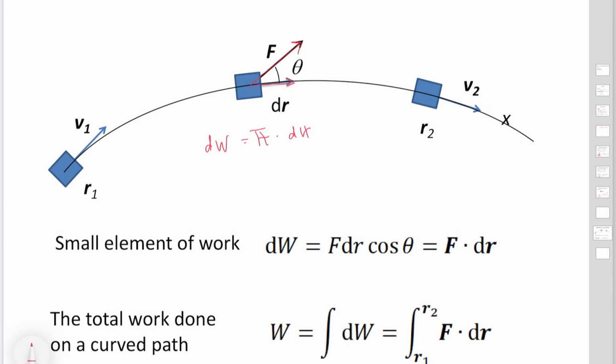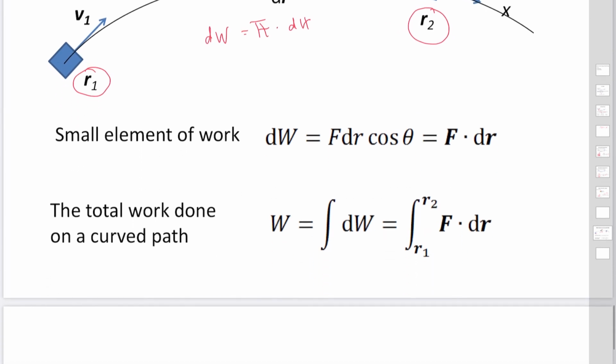Then we sum up these small amounts of work to find the total work as the position changes from r sub 1 to r sub 2. So we sum up these dW's on the curved path, and this is the total amount of work done on the curved path. Okay, this is the end of this session.